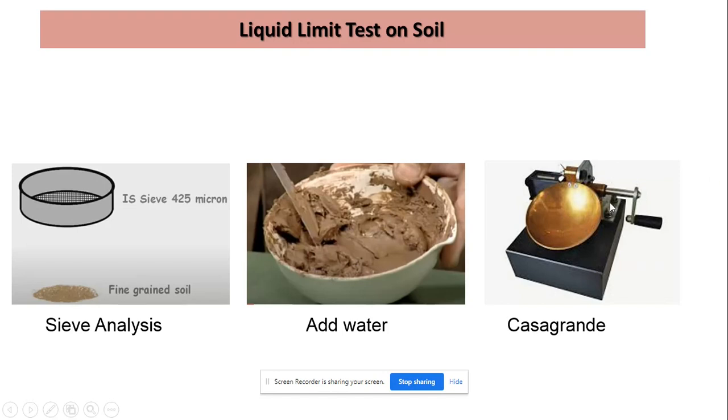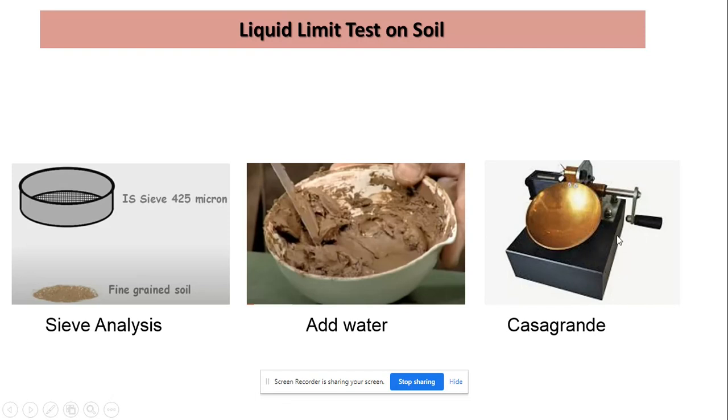Here is the cup of the Casagrande apparatus. This golden color bowl you are seeing is called the Casagrande cup, and the machine has a rotating handle which is revolved so that this cup rises by about 1 centimeter and falls on this pad.